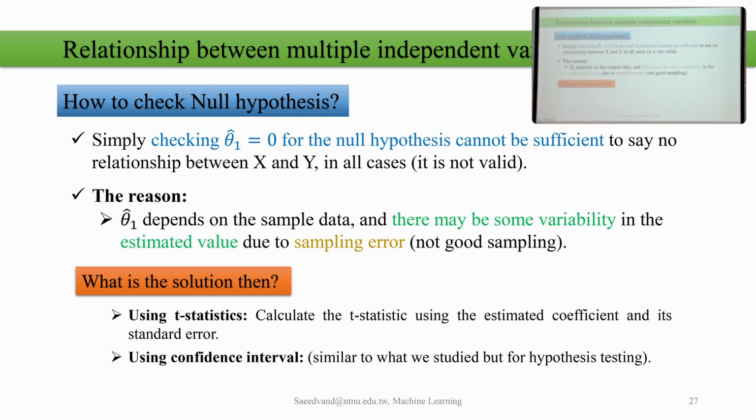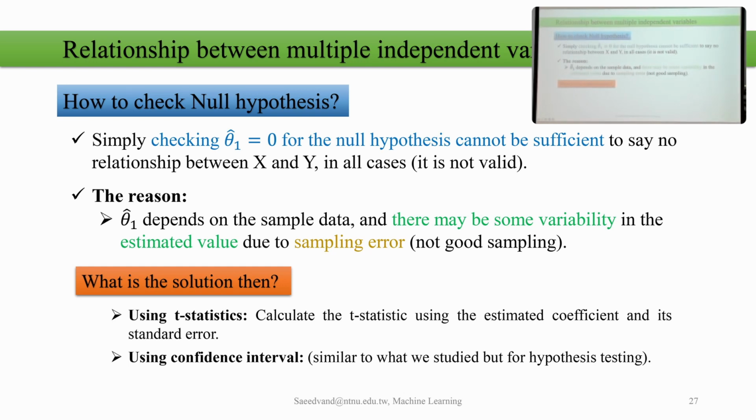Okay. What is the solution then? Another case can be not good sampling. If you don't do good sampling, you may say, okay, I did sampling and there is no relationship between x and y.